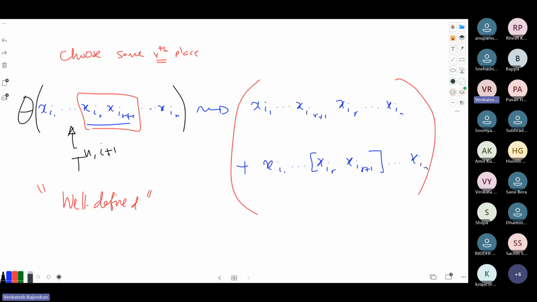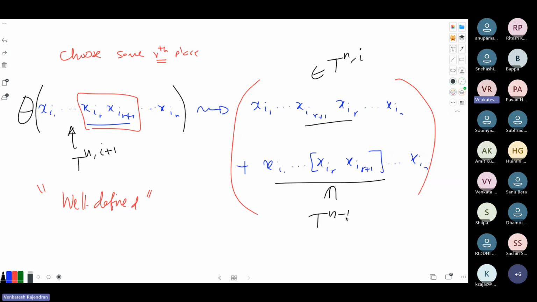So somehow you need to go down. But when you switch this ir and ir plus 1, this element is in Tn, i, which has degree n and the number of switches will be at most i. And this other term is in Tn minus 1, so its degree becomes at most n minus 1.